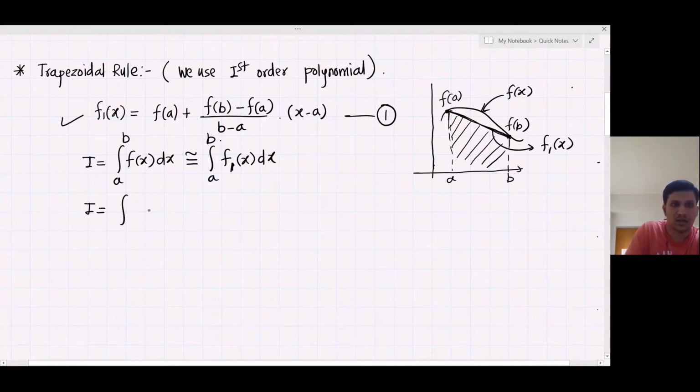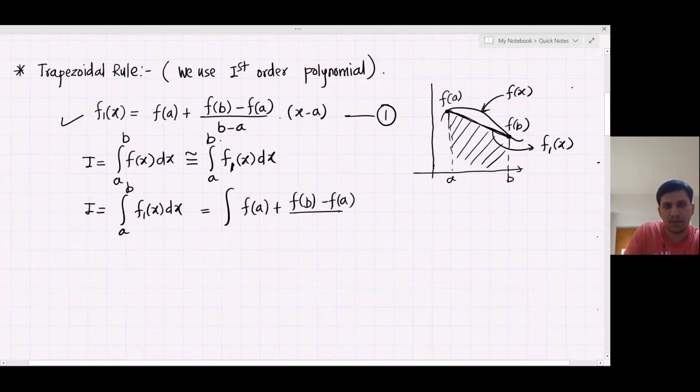So we can perform this integration from a to b.